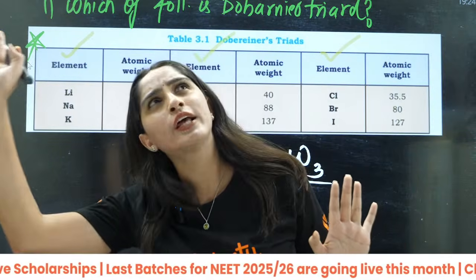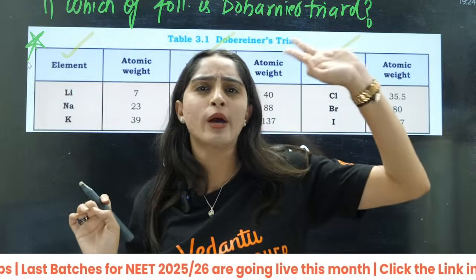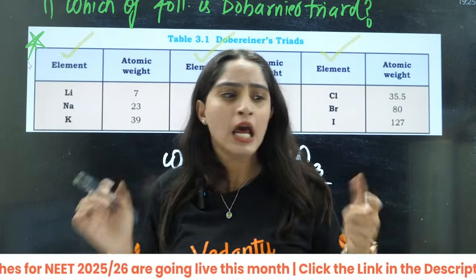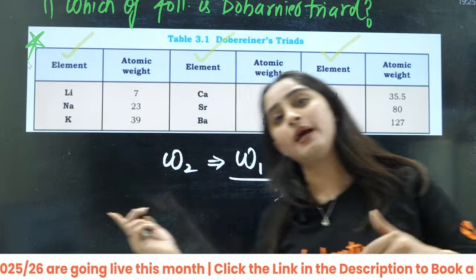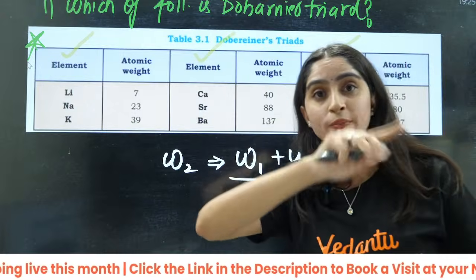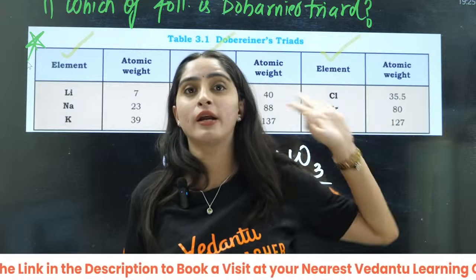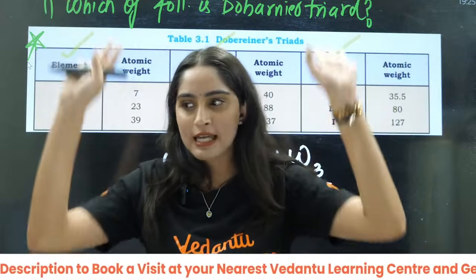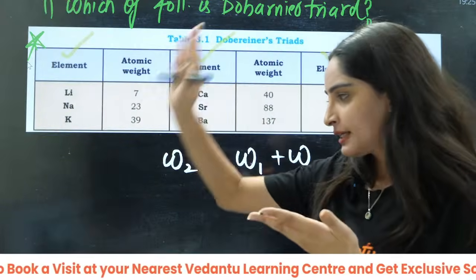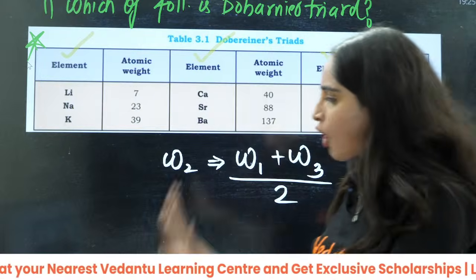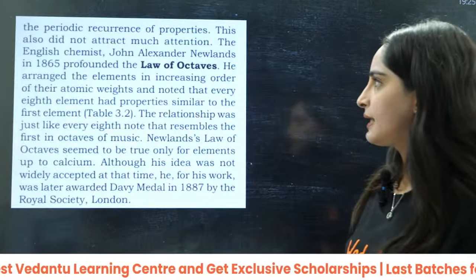Okay, which of the following were the Döbereiner triad? Lithium, sodium, potassium were the Döbereiner triad, right? Calcium, strontium, barium were the Döbereiner triad. Then chlorine, bromine, iodine were the Döbereiner triad. Okay, fixed, done, set, right? So that is how we are going to read the second thing.